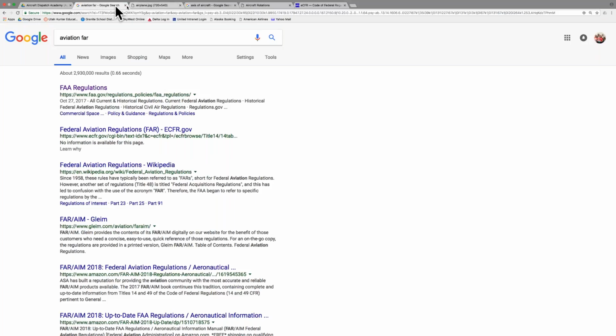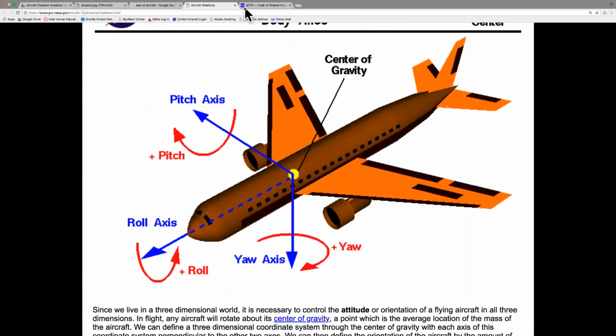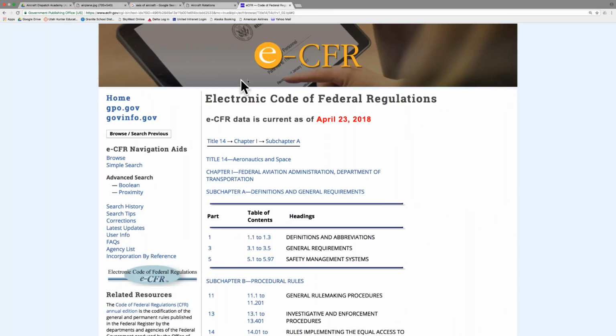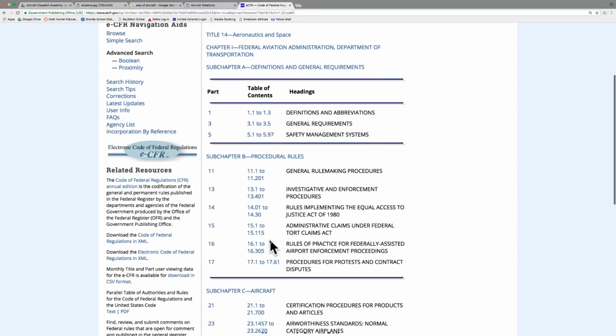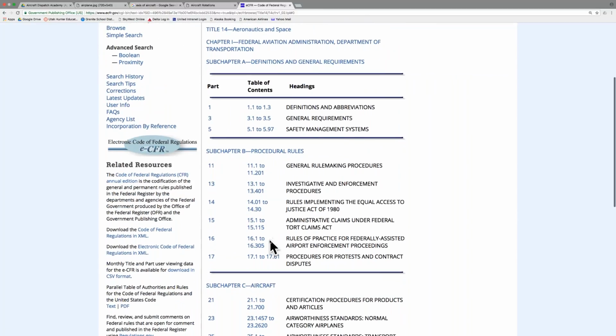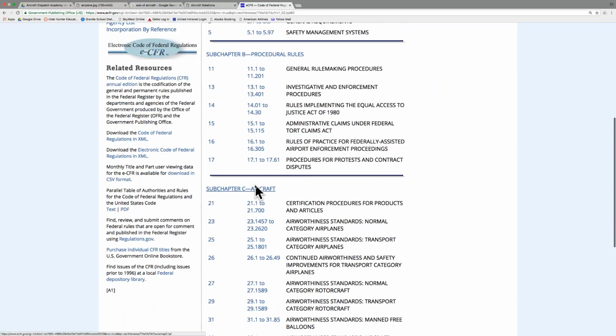There's really no reason to spend a whole lot of time in them. Like I said, when we talk about these different things, the FAR 25, 61, 70, those are typically handled by another department.